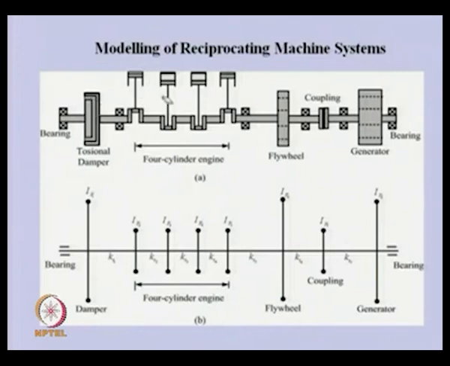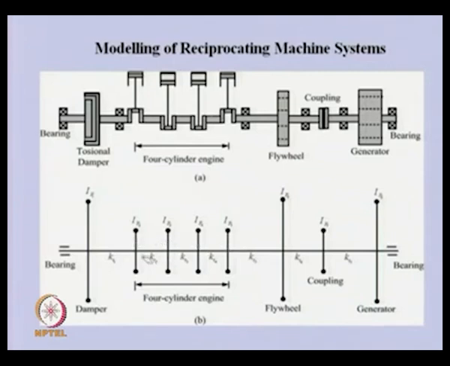But this engine has not only revolving parts, but some parts are oscillating or have pure reciprocating motion. So, now our aim would be to convert these engines to equivalent revolving parts.